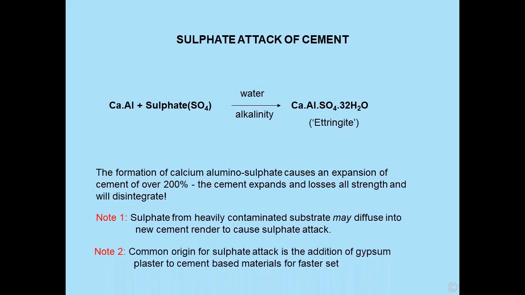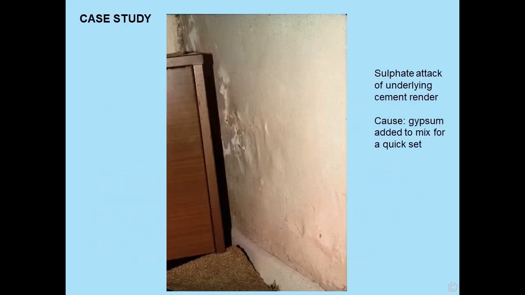A common origin for sulfate attack is the addition of gypsum plasters to cement-based materials, to get a faster set. And there's such an example. It was re-plastered, rendered. The plasterer had added gypsum to the sand cement mix and it simply expanded and blistered.